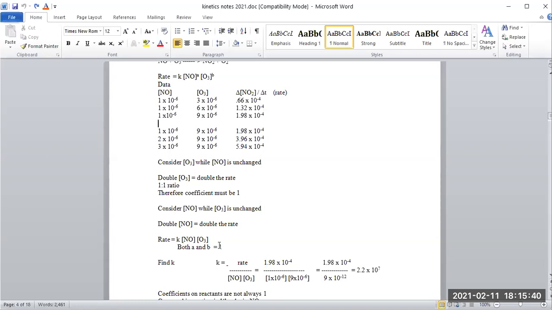I can say that since my a, the little exponent above the NO, and my b, the little exponent above the O3 molecule, each happen to be 1, you can say that my reaction is first order in NO and first order in O3, which would actually make my whole reaction start to finish second order because you get to add your exponents.